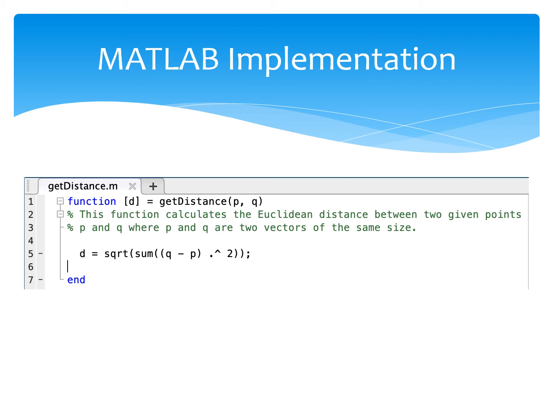We perform matrix subtraction between q and p, which gives us the distance between p and q in terms of each dimension. Then, to make the distances positive values, we square the distance for each dimension using element-wise operation. Then we take the sum of all squared distances and take the square root to get the distance d.